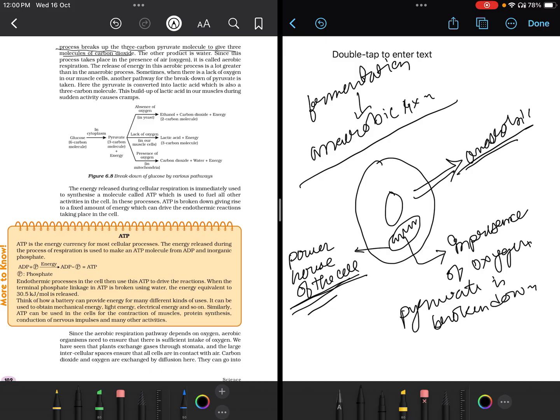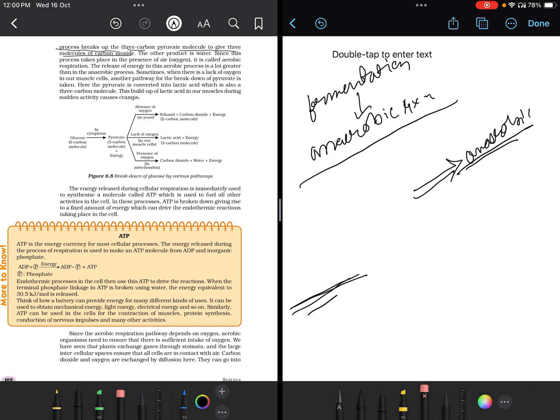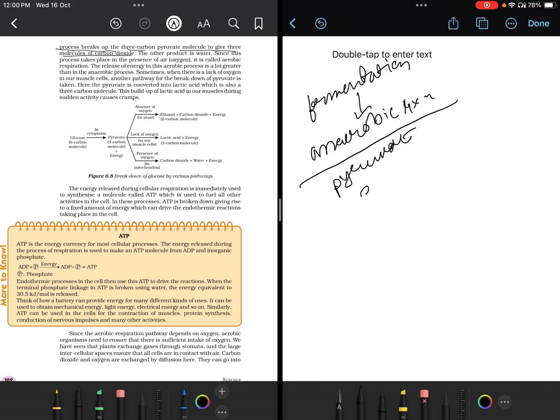Just logically you think, one molecule of pyruvate contains three carbon, right? So carbon dioxide has only one carbon in it. So it can give three carbon dioxide in your mitochondria.